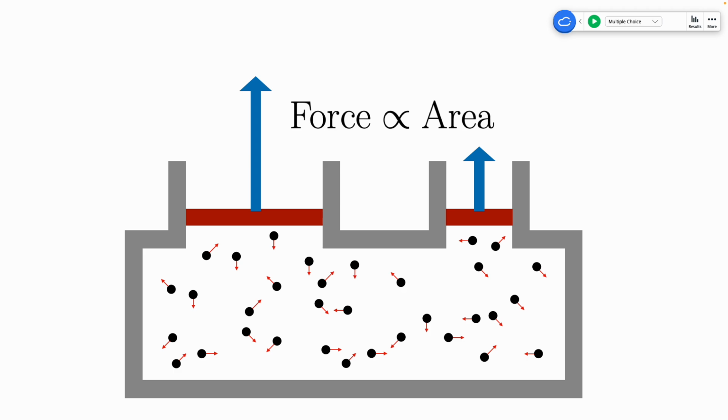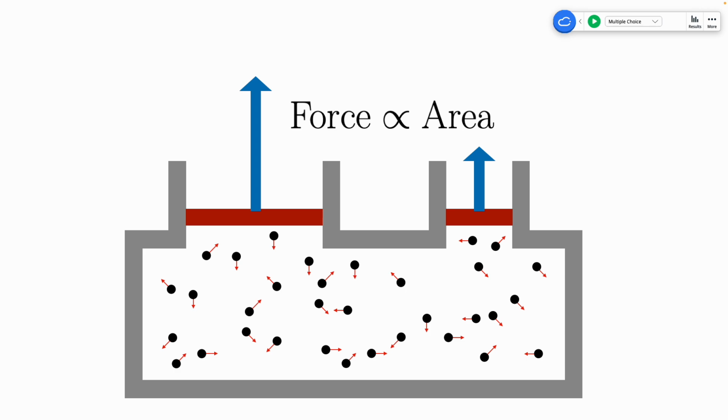Just in case you don't know what pressure is, here's the idea. If you have a box of air, there's a bunch of air molecules running around, and you create some opening and put a piston on the top. Then there should be some force on the piston created by the air particles, because the air particles are bouncing off the piston.